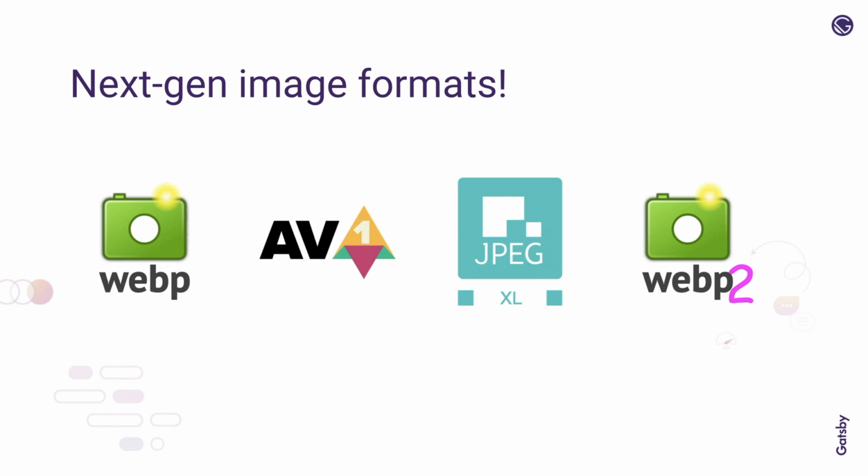Next up is JPEG XL. This is yet another successor to JPEG. It seems to have even better results than AVIF, though I haven't personally done any testing on it. And it should need less memory to encode the images, which is a big deal because this is AVIF's big drawback that we've found.